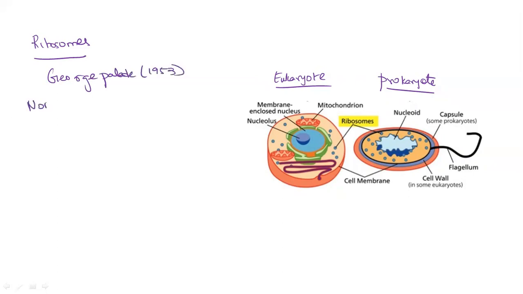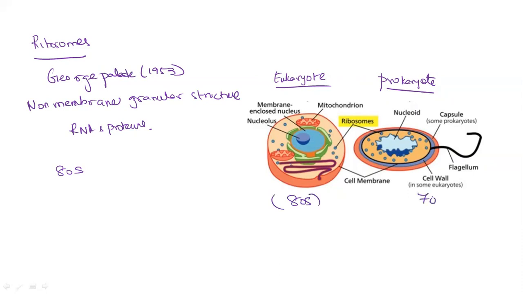Remember, this is a non-membranous granular structure, and they consist of ribonucleic acids and proteins. Mainly ribosomes help in protein synthesis. Eukaryote ribosomes are 80S, and prokaryote ribosomes are 70S.